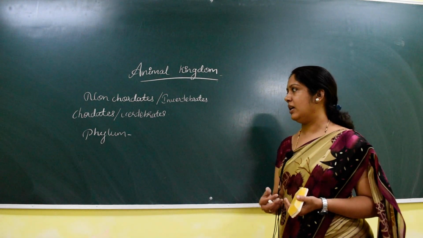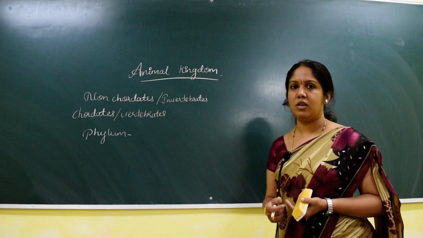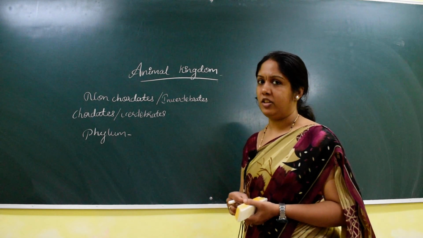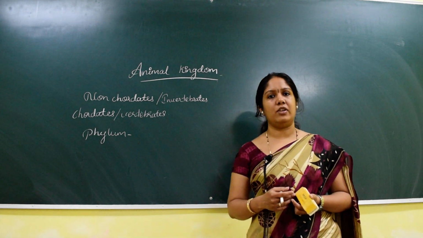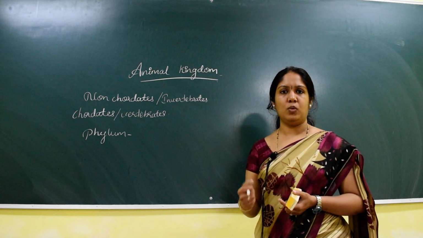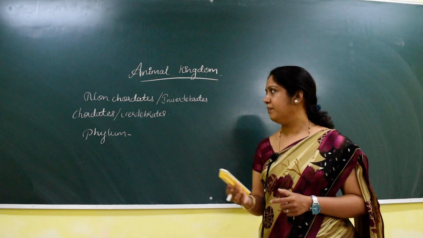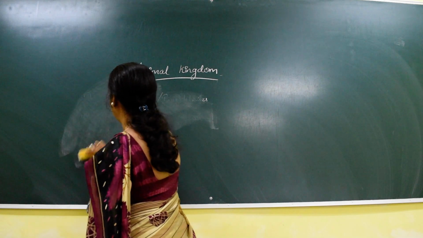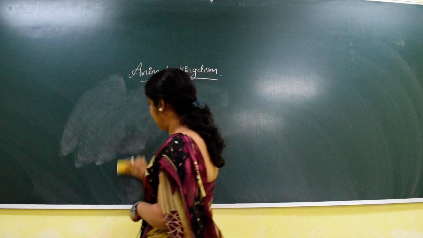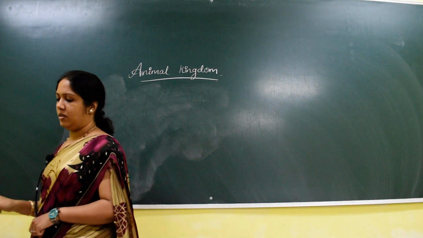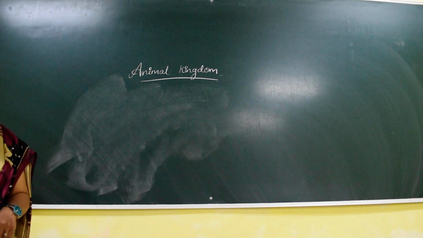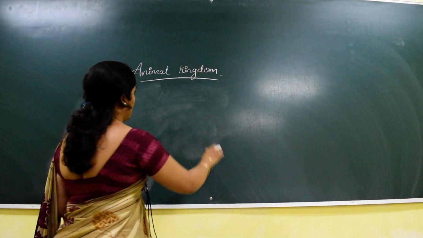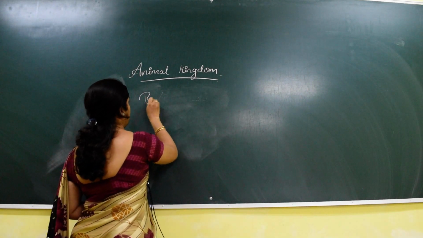Classification is not involved in your syllabus; we only study the salient features of the respective phylum with some examples. There are some common salient features we study in the majority of phyla. One is body symmetry.